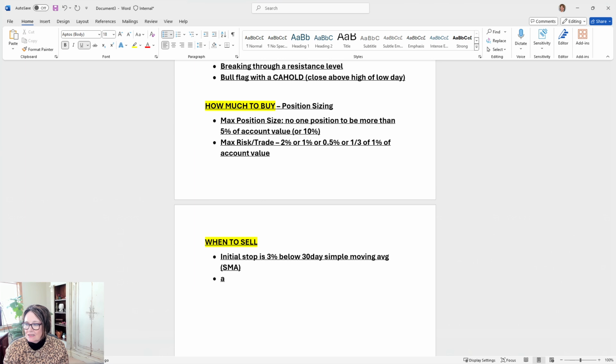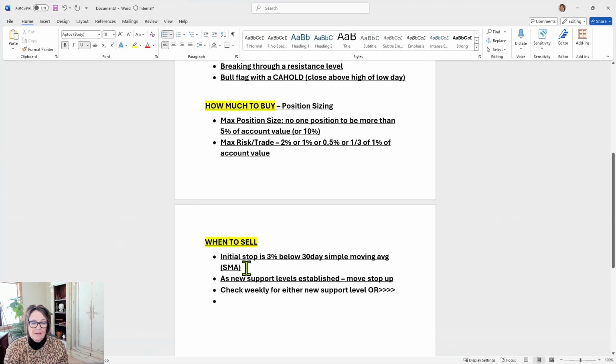And then as new support levels are created or established, we're going to move the stop up. Part of our routine might be to check weekly for new support levels, or, and this is really important, a break of support.